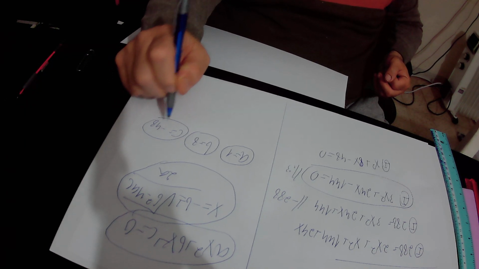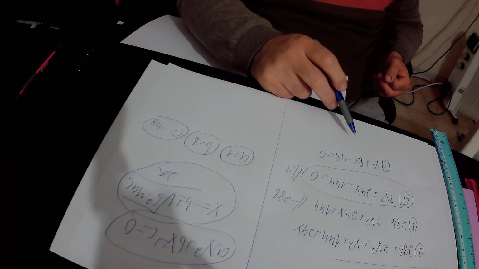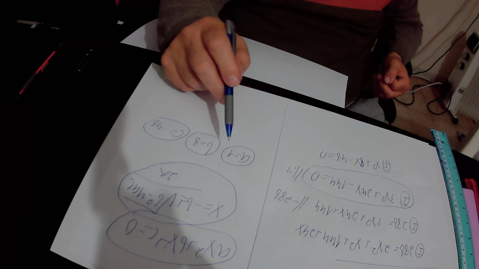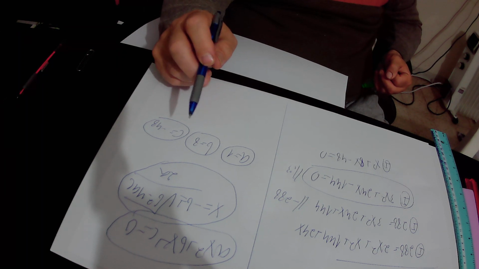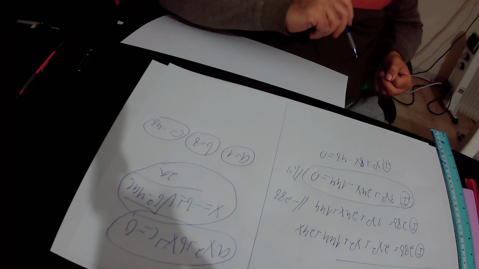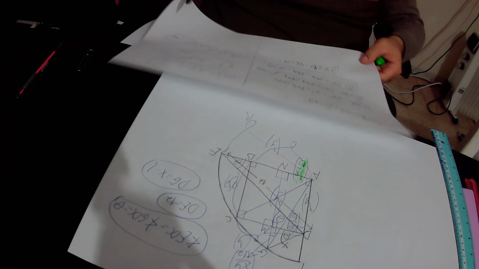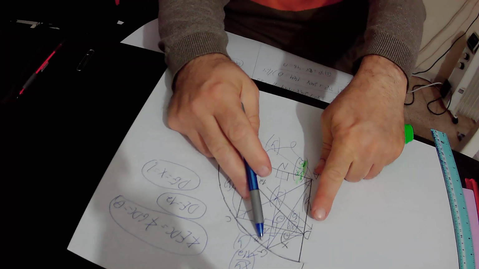So we put the values of a, b, and c for our specific quadratic equation in order to find the values of x. I remind you that x is the variable that we are looking for. x is the length of line segment DG.